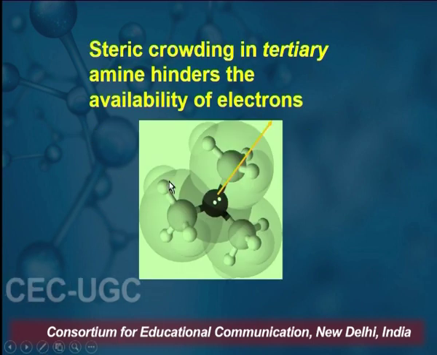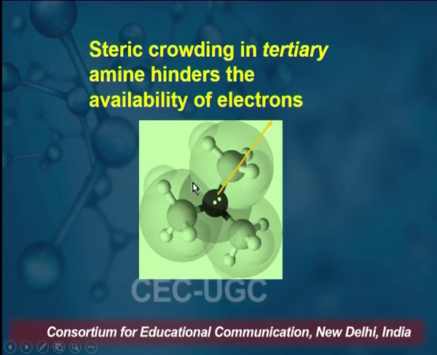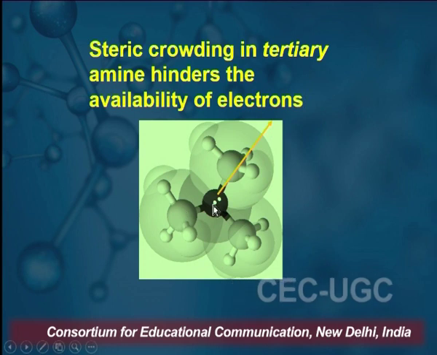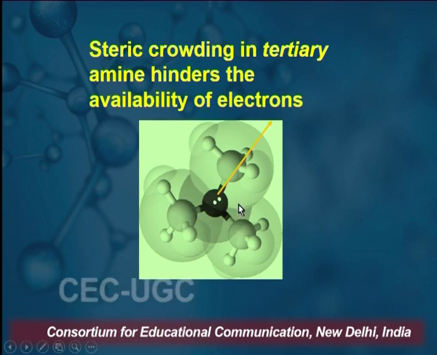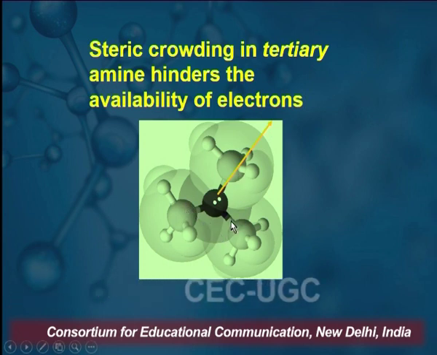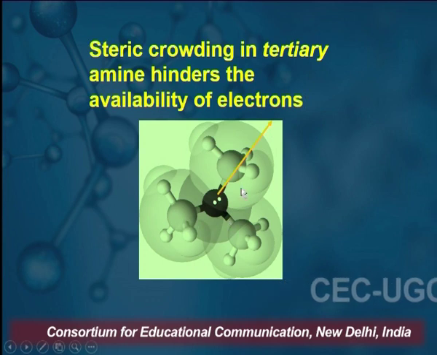Now see, this is a picture of a tertiary amine, as you can see here. This is the nitrogen, where you can see the lone pair of electrons present here, and this nitrogen is surrounded by 3 methyl groups. As you can see here, there is a steric crowding in tertiary amine.